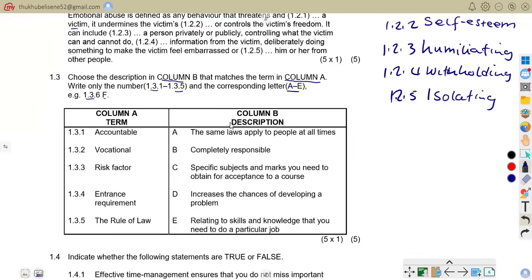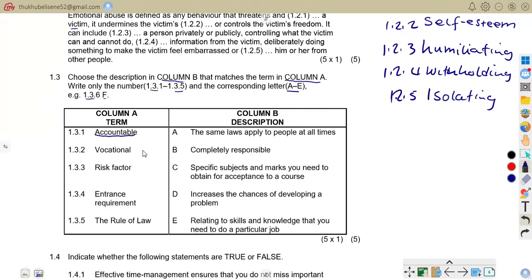So we are going to try to match the terms in column A with the description in column B. So without wasting time, now we're talking about the accountable. So we want to know the descriptions that are going to match this term accountable. So what is this accountable?